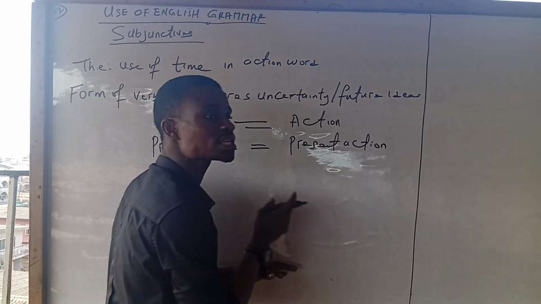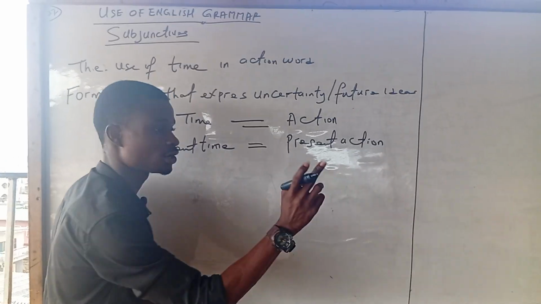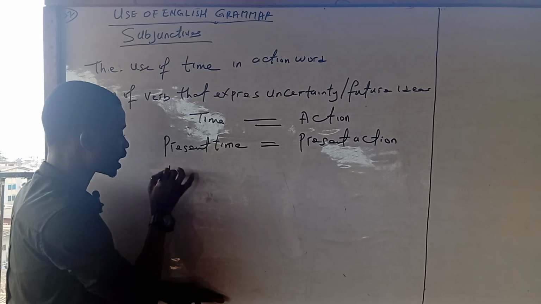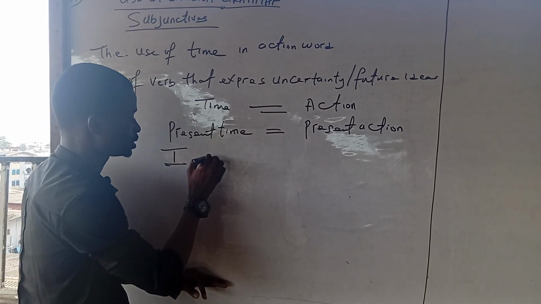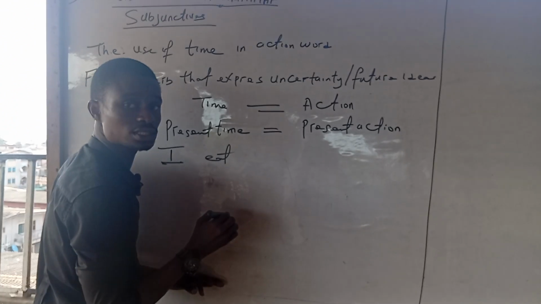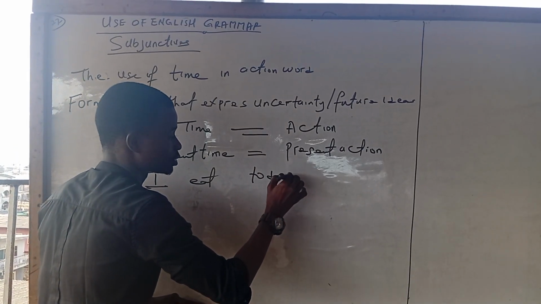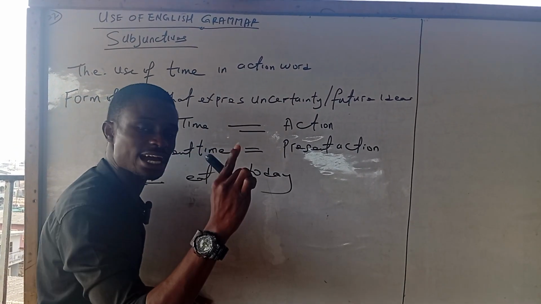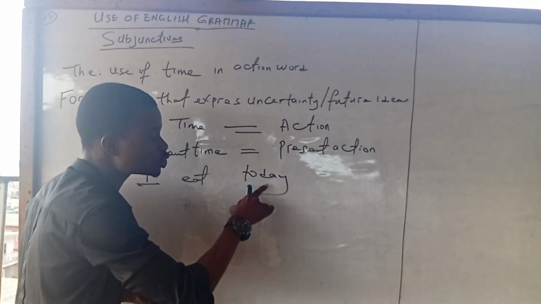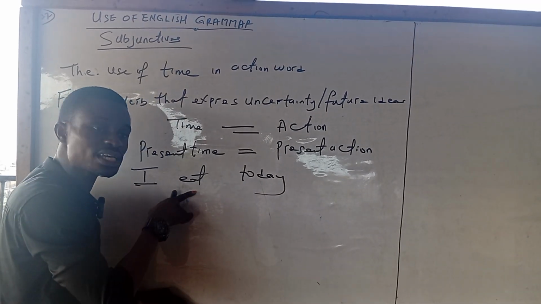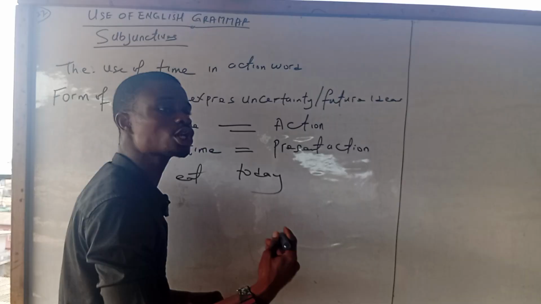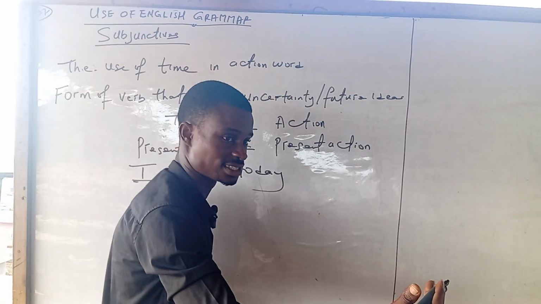So what do we mean by present time and present action? For example, you have I eat today. Today is that time, present. So because you're talking about today, you have to use a present action, which we majorly call present tense.